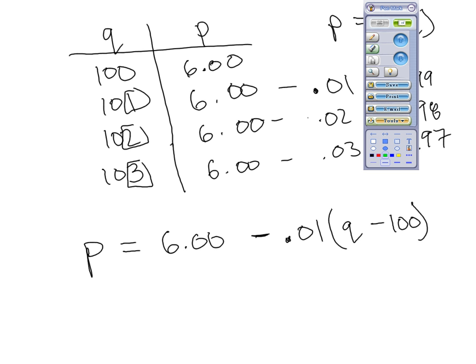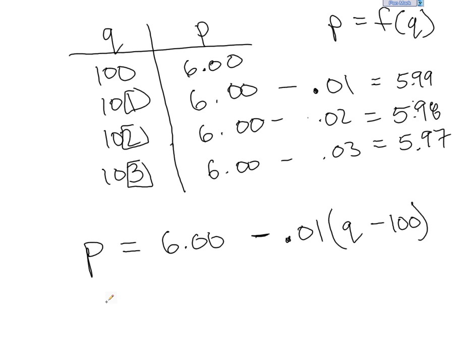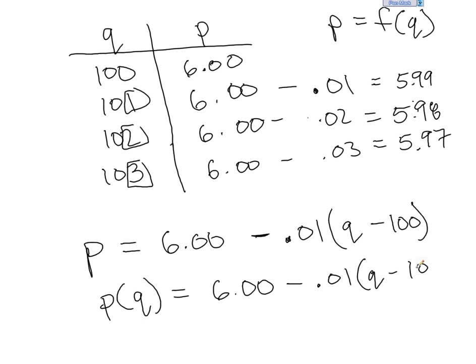That's how I figure out my new price for each shirt. So in function notation, I would write P, the price, is a function of quantity, and I can calculate it by taking $6 minus 1 cent discounted however many shirts I buy above 100.